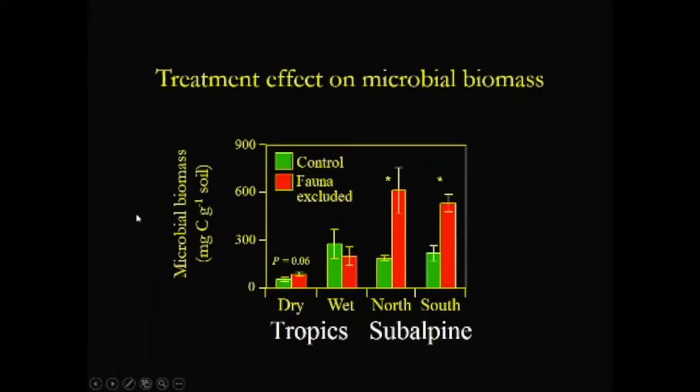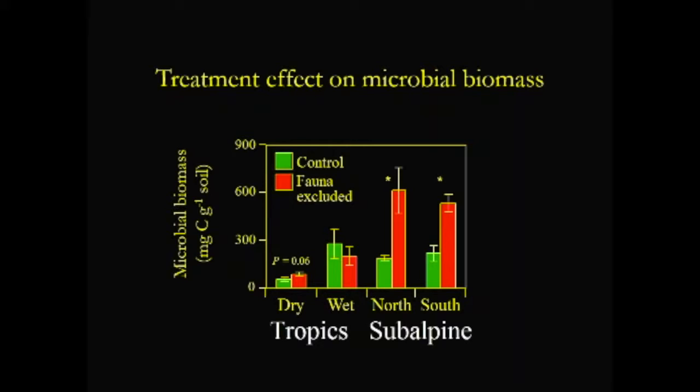The animals can affect the decomposition rate directly, by fragmenting the litter, but they can also affect the decomposition rate by interacting with the microbes. And this graph basically looks at the effects of the fauna exclusion of the animals on the microbial biomass in these tropical wet and dry forest sites and in the subalpine sites.